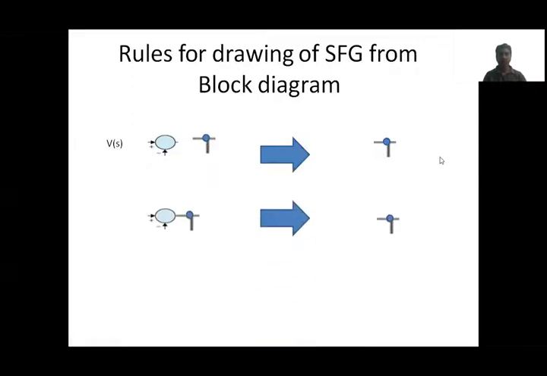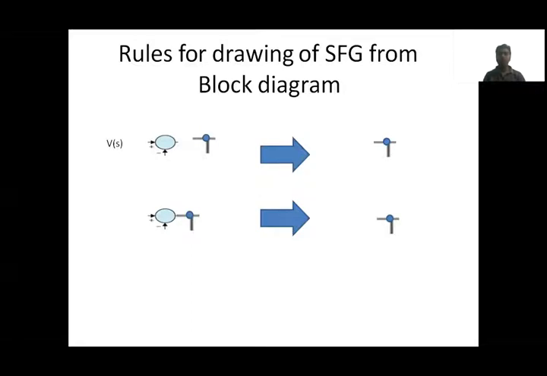And the second point is wherever we see a summing point followed by a takeoff point, these two can be represented by a single node. No two nodes are required here, separately for the summing point and separately for the takeoff point.